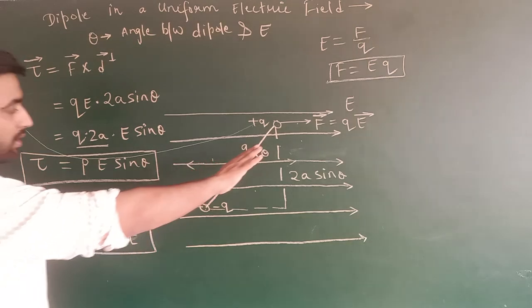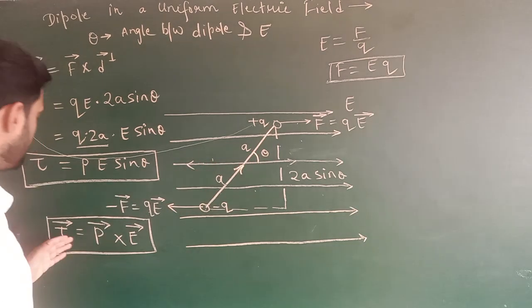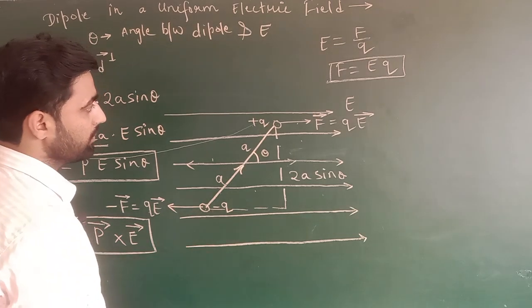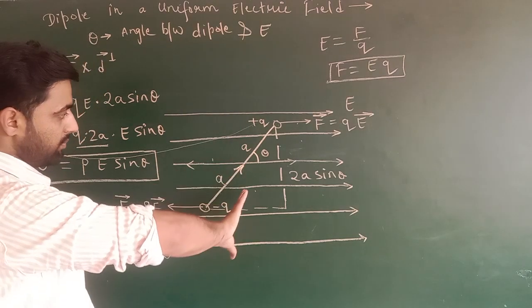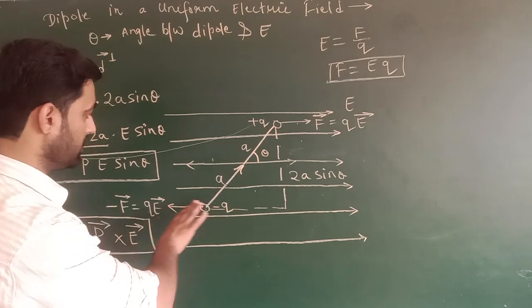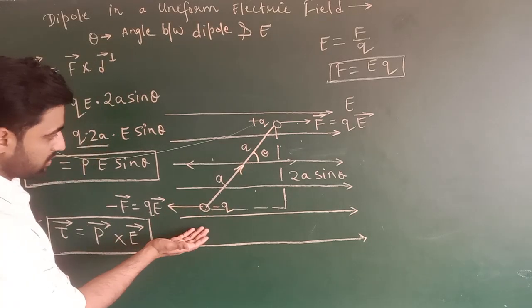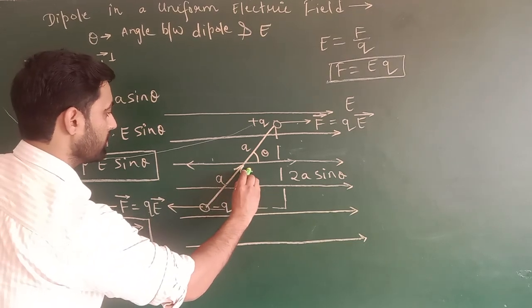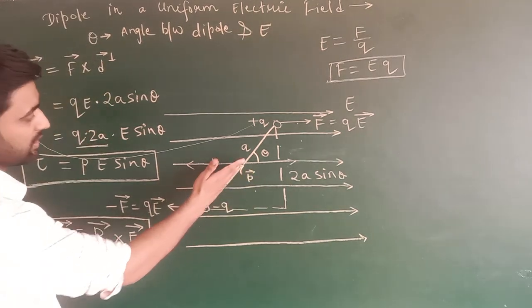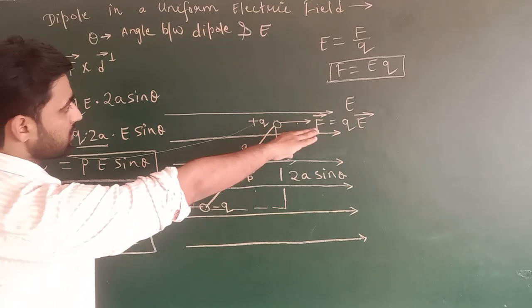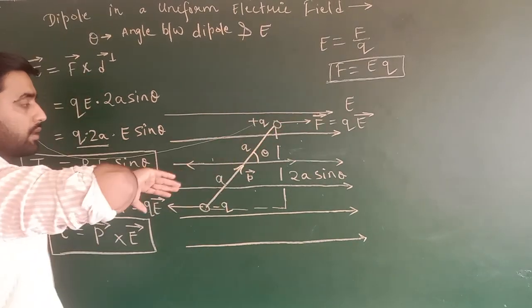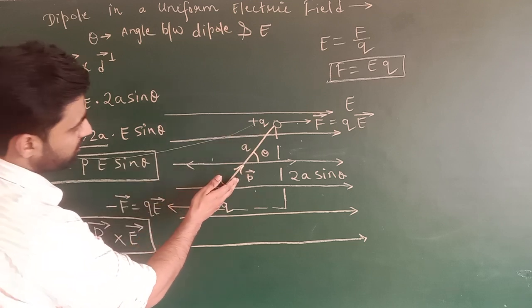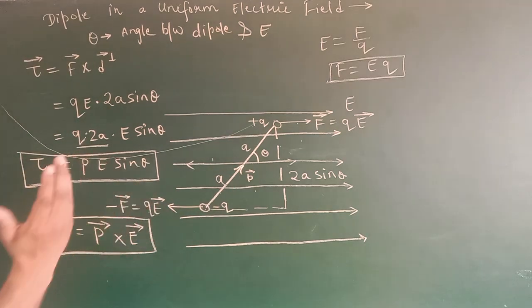As per the figure, if we want to find the correct direction of the torque, where is our direction of p? This is the direction of p. So the direction of p is something like this, and the direction of F is in the rightward direction. So p multiplied by F, the direction of the torque will be in the outward direction.